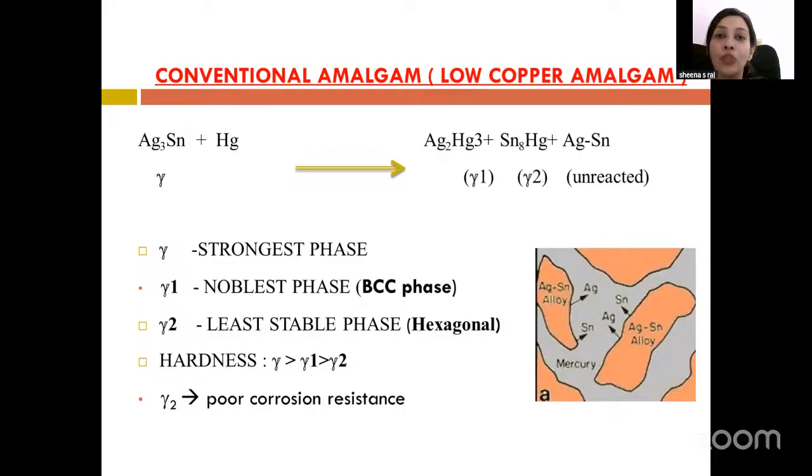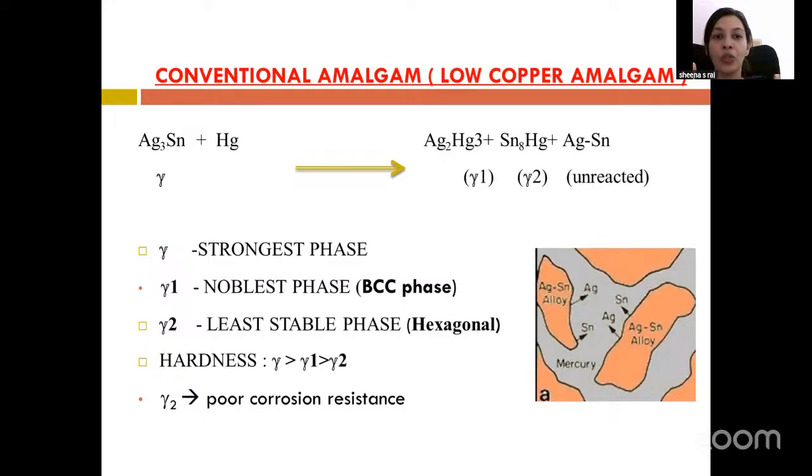It is the gamma 2 phase. The next important thing is hardness. The hardest is again the gamma phase, second is the gamma 1 phase, and the least hard or stable phase is the gamma 2 phase. And gamma 2 is the same phase having poor corrosion resistance.